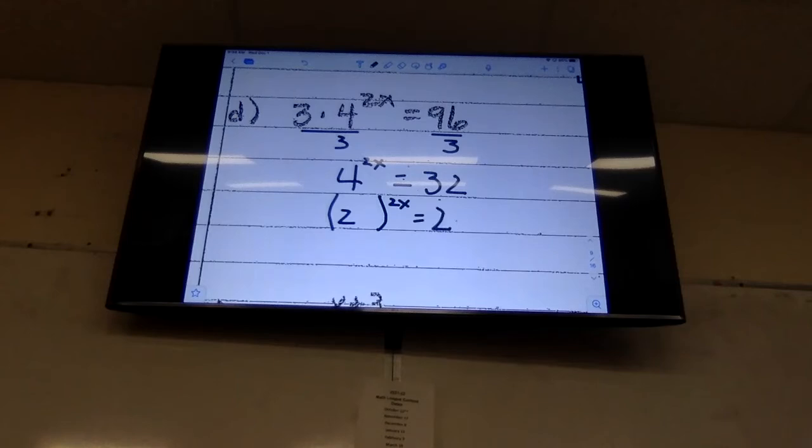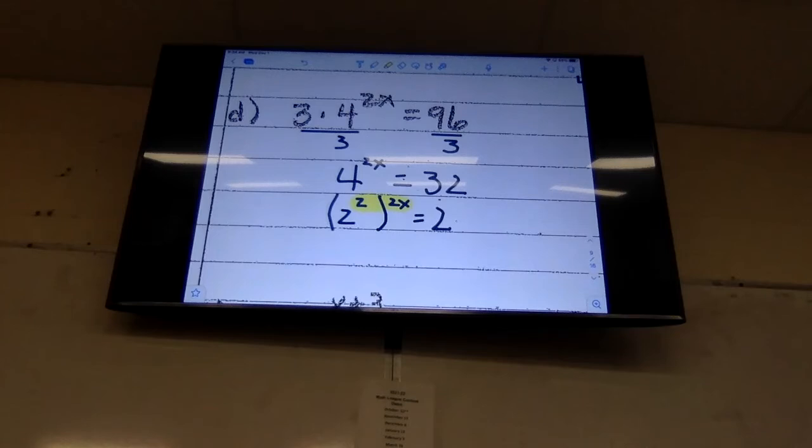We already know that 4 is 2 squared, so I'm going to write 2 squared. I was really intentional to keep that 2x on the outside so I didn't lose any 2's.